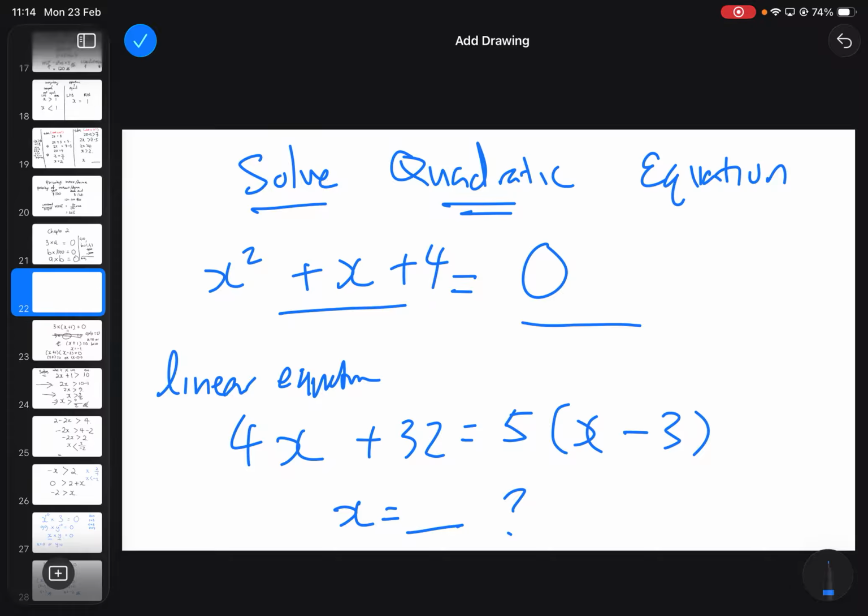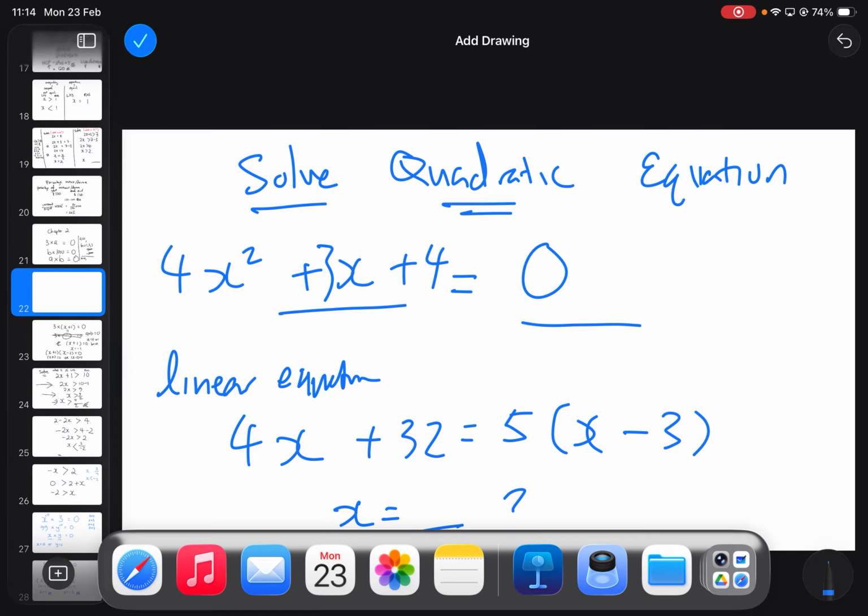When you have x power 2 inside your equation, we call it quadratic. It can be some other number. But you will have an x squared term, you will have an x term, you will have a number term. Unlike your linear equation, you only have x term and number term. Quadratic has an x squared term. Your unknown goes to power 2. That is the difference. Okay?